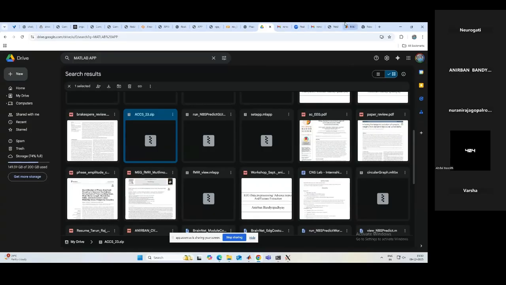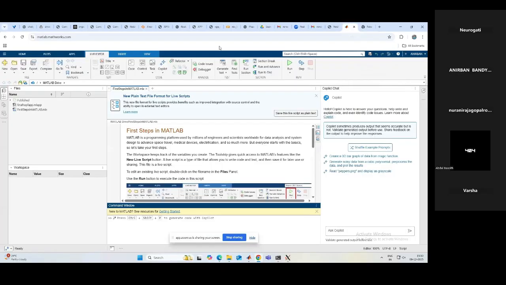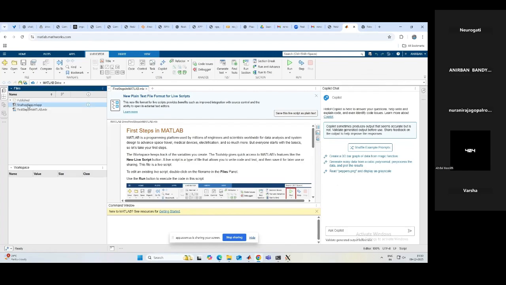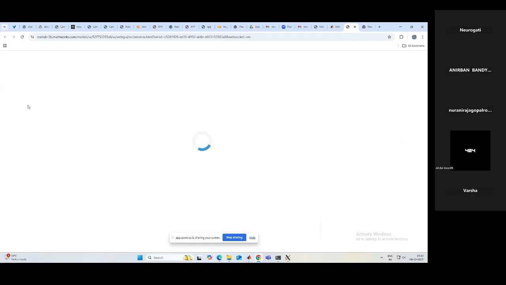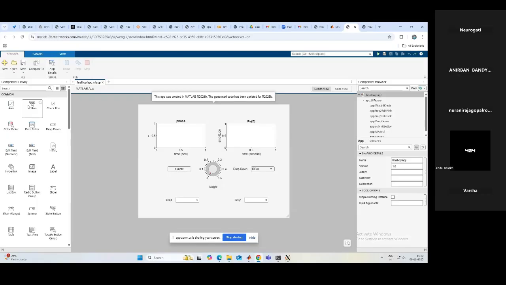So are you using the online version? Yes, it's showing here, right? If you upload the file, yes. Okay, good. Then just click it. It will take some time because these online versions are a little bit slow. Then you can click run.